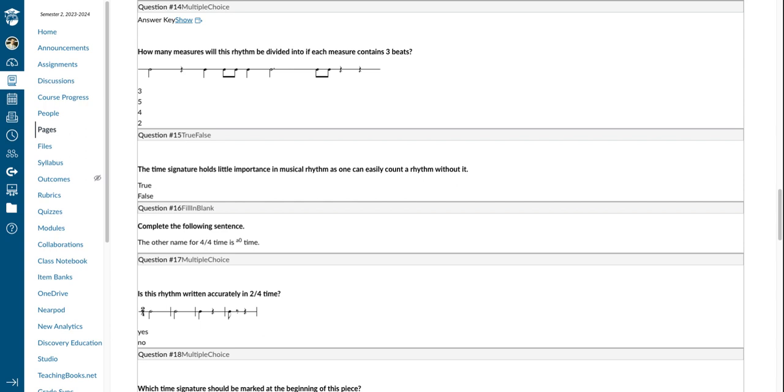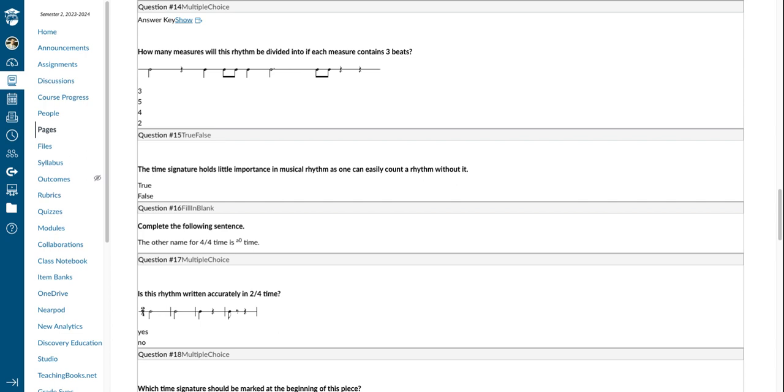Number 15, true or false? The time signature holds little importance in musical rhythm as one can easily count a rhythm without it. I mean, pretty much technically that is true. It does hold importance, but you can still count rhythms without it, because here I can count these rhythms.